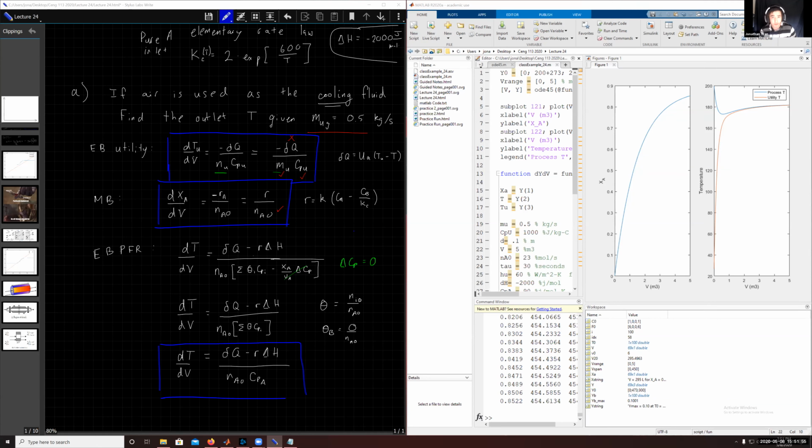Part B to this question was what water mass flow rate would you need in order to get the same outlet temperature if water was the utility? So you would have to change a couple values there, namely the CPU and the HU value, to correspond with water.